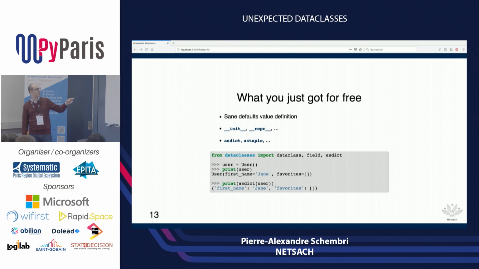So we have a rep function that is created for us on top of the init function that we never saw. And it's exactly the same as the named tuple. Each of the fields are nicely printed out. So you can print your user and say, okay, that's the kind of information that I have in my class or in my instance.